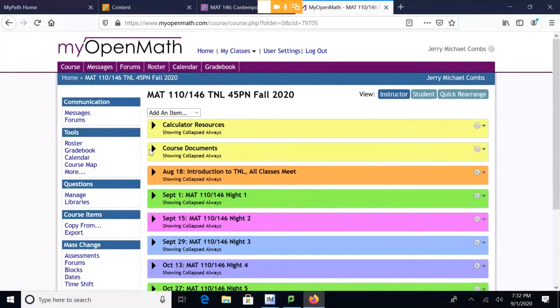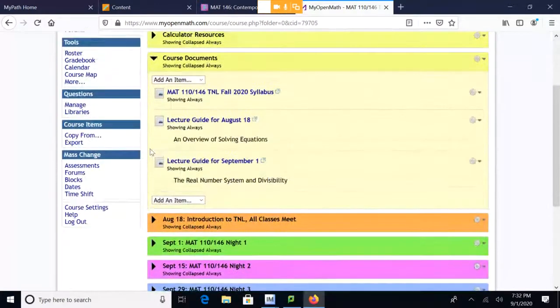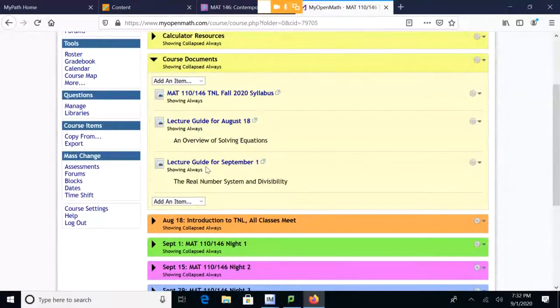What you see is course documents, and what we're going to look at today is called Lecture Guide for September 1st. It's on the real number system and divisibility.